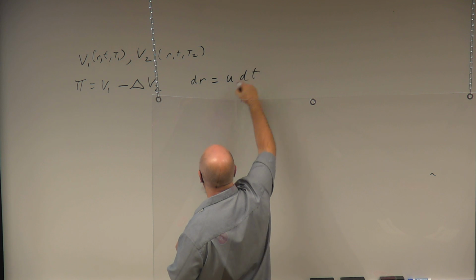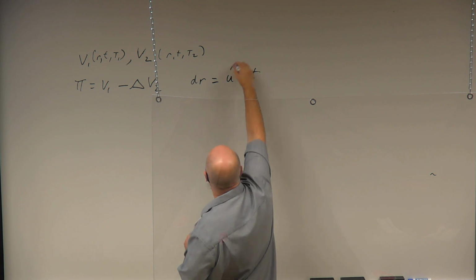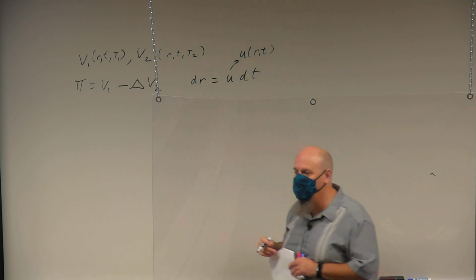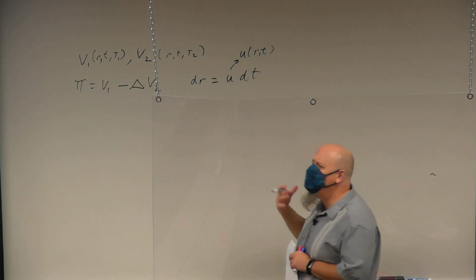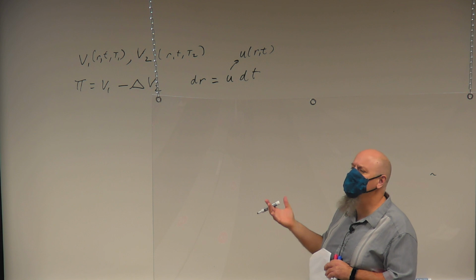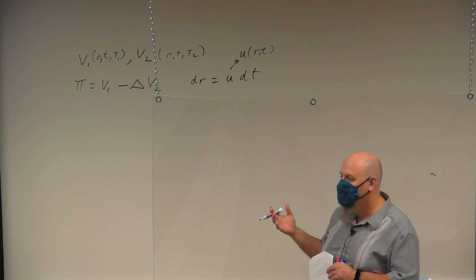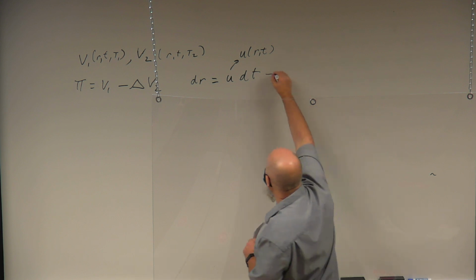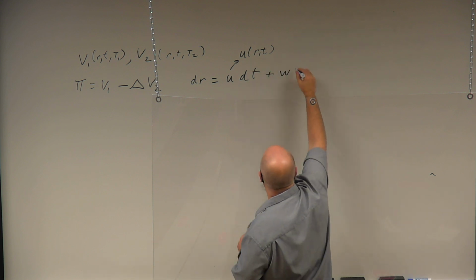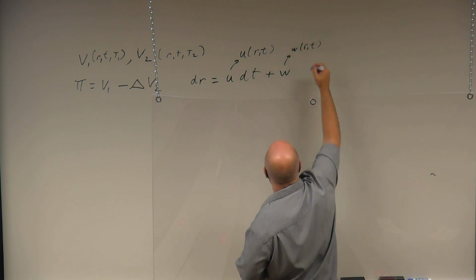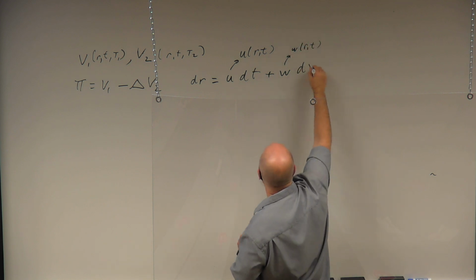There's some deterministic piece, u, that could be a function of the interest rates and time. We had that as mean reverting for the Ingersoll and Cox and the Vasicek one. Plus, we have some other function, w, which also could be a function of the interest rates and time, times dX.